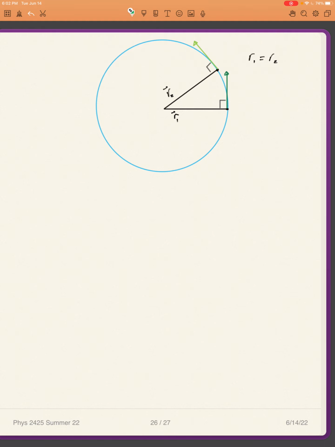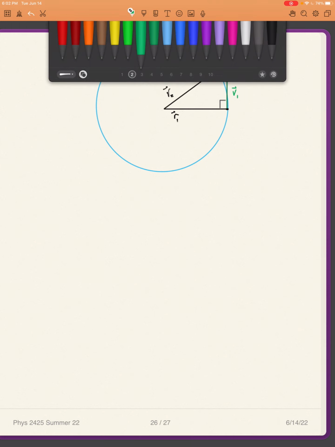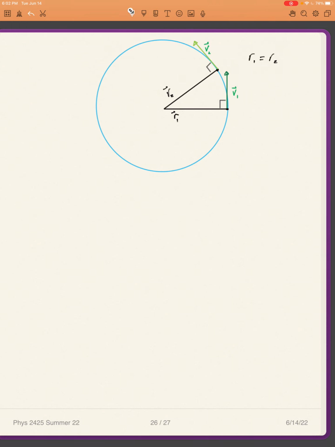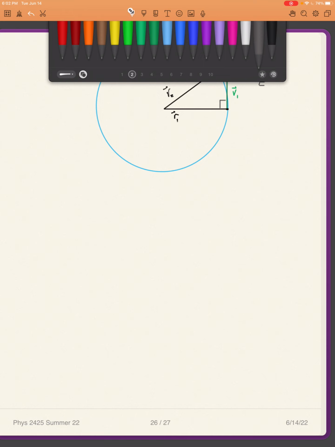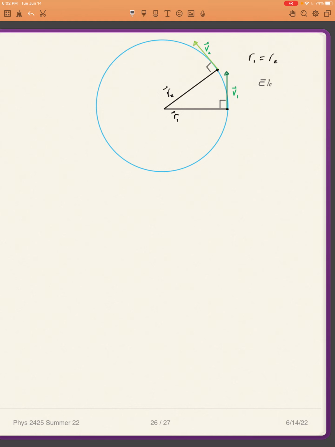So let me label those two. This is v1 vector. This is v2 vector. And during this time dt, I'll just put it here, elapsed time is dt, some infinitesimal amount of time.